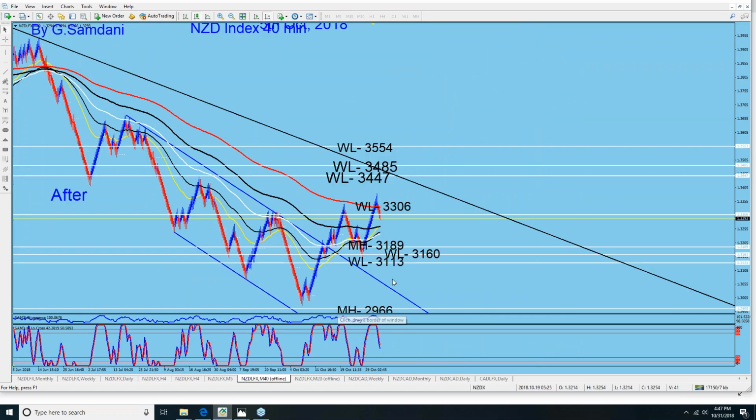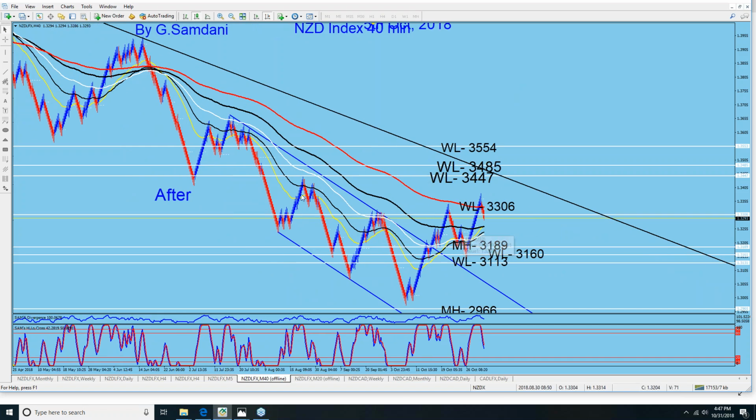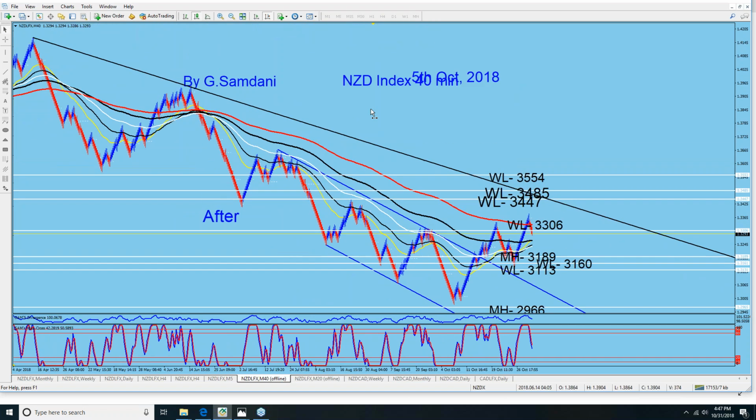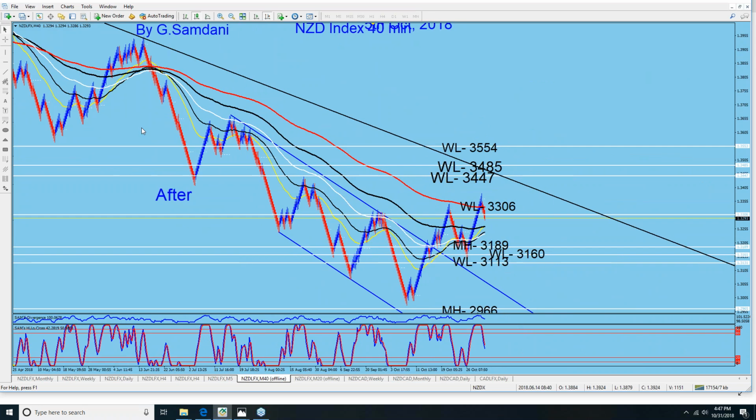Weekly chart, you had a TL here. You had nice touch of this. See this area 3189. No, well, not that one. Change it. Okay, now New Zealand dollar index.